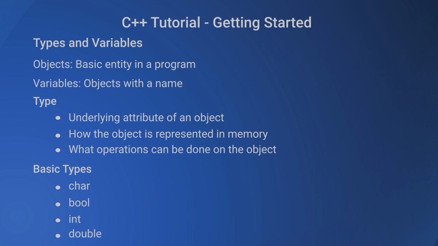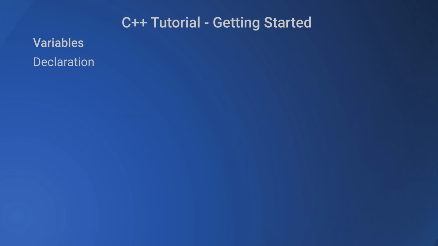The actual size of objects of these types varies from computer to computer. On x86-64 based computers, the size of char and bool is 1 byte, int is 4 bytes, and double is 8 bytes. Most of the time, the objects are named, that is, they are variables.